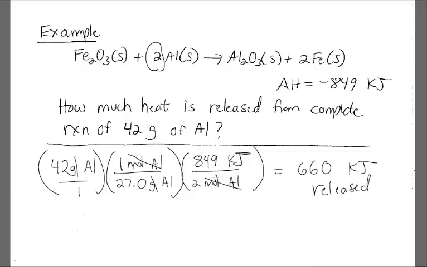Okay, and you may notice I did not put a negative sign on there, and that's because the question already asked how much is released. If it simply said, what is the heat change, then you would want to put a negative on there. But since it says the word released, that implies it was given off. It's a negative delta H.